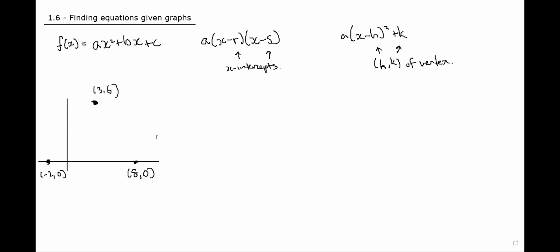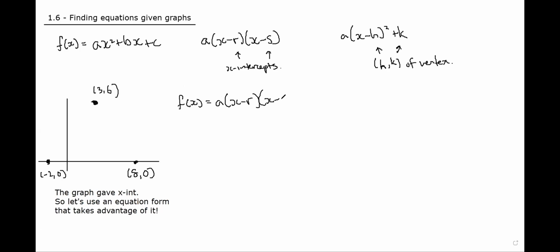So I'll write a little text. The graph gave x-intercepts. So let's use an equation form that takes advantage. Why go into hard mode? So this is it. f of x is going to equal a times x minus r times x minus s, which is the same as x plus 2 and x minus 8.